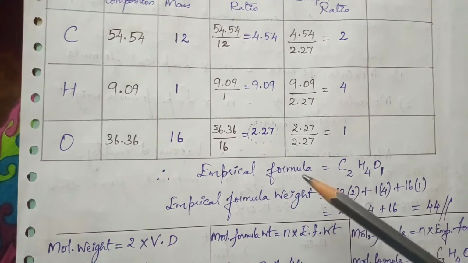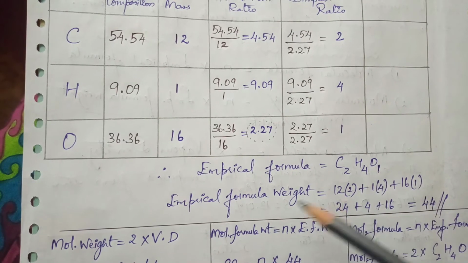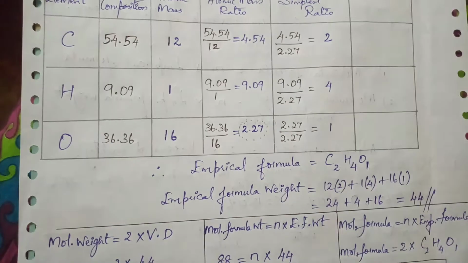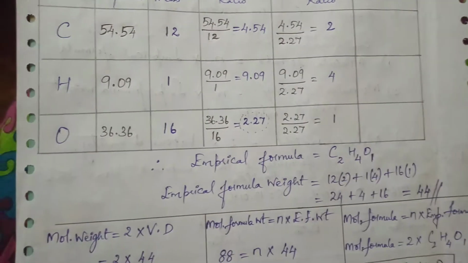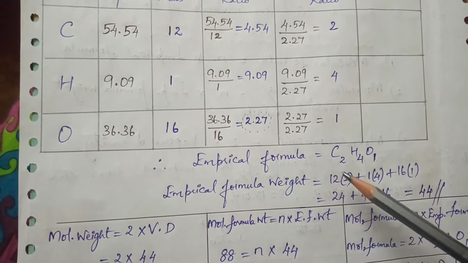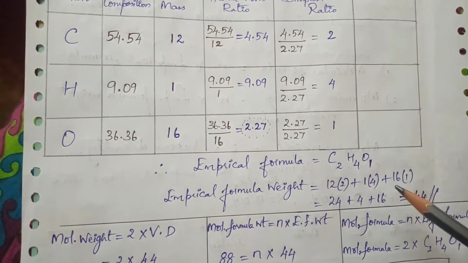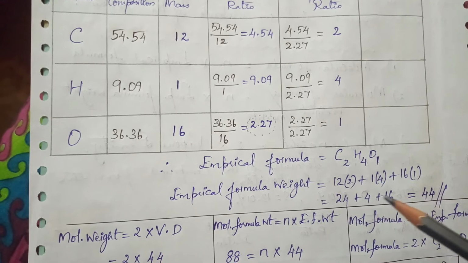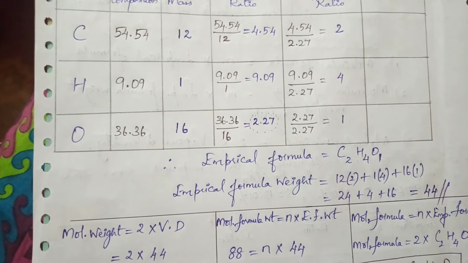For this formula, we calculate the empirical formula weight using the atomic weights. Carbon is 12, 2 atoms; hydrogen is 1, 4 atoms; plus oxygen is 16 into 1. On simplification, we finally get 44. So 44 is the empirical formula weight.